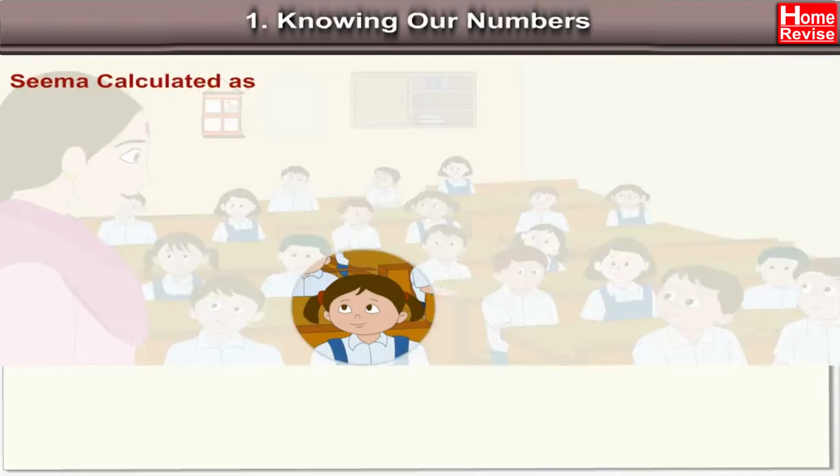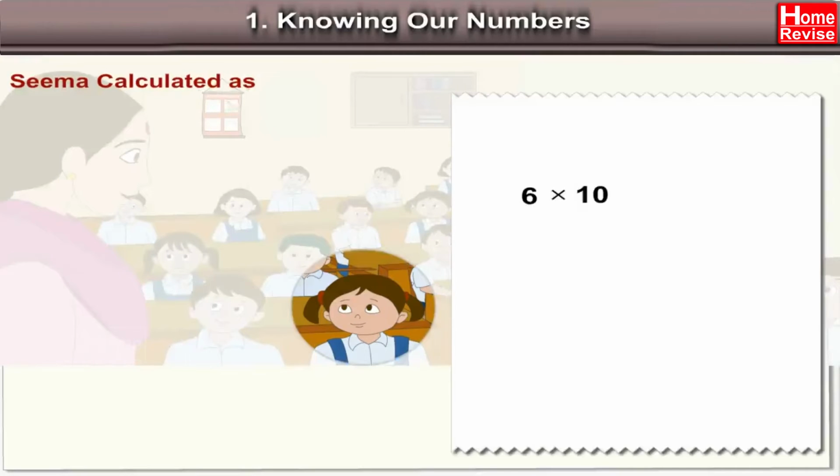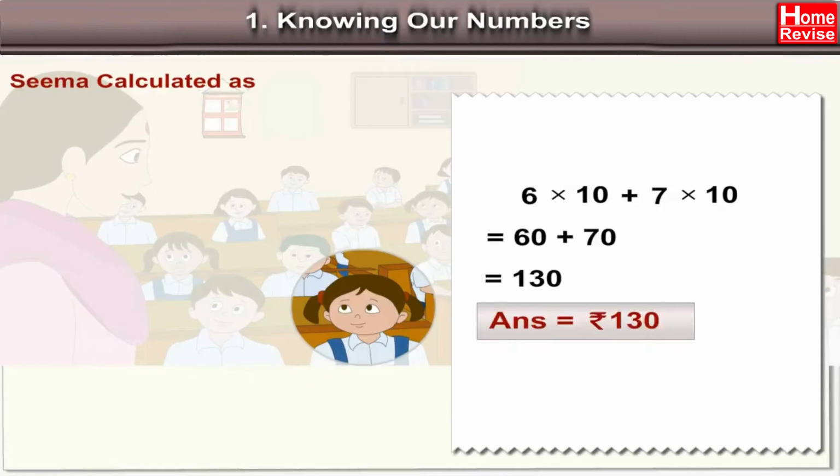Now Seema calculated as 6 into 10 plus 7 into 10, that would be equal to 60 plus 70, which is equal to 130. Therefore, the answer is rupees 130.